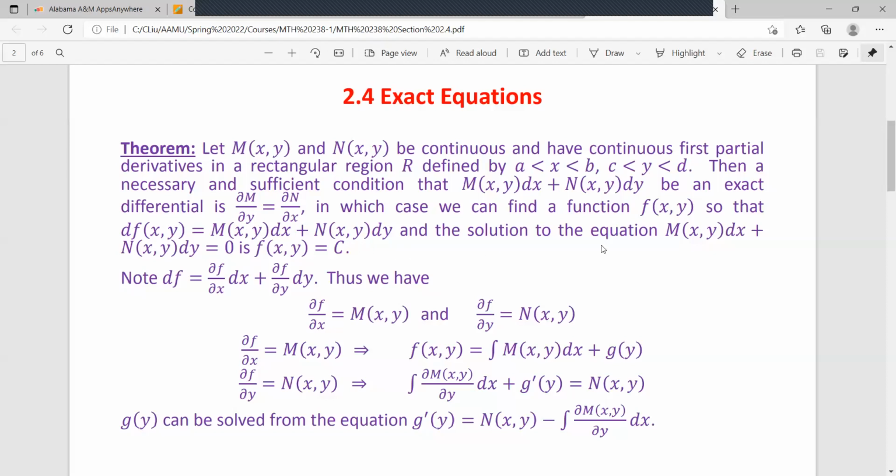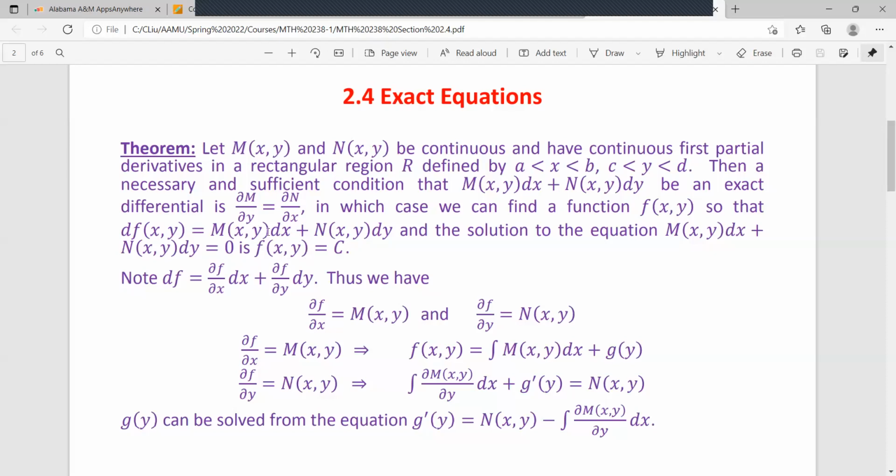And the solution to the differential equation M dx plus N dy equal to 0 is just f of x, y equal to an arbitrary constant c, as we showed on the previous page. Okay.